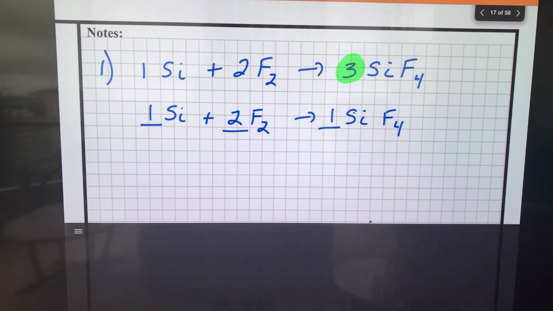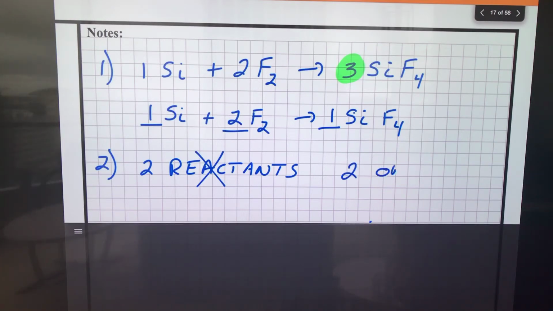All right, number 2. I asked you about synthesis reactions. Do synthesis reactions only have 2 reactants? Let's see, I'll write that down here. 2 reactants only? No. All right, they can have, that's not right, they can have 2 or more reactants.